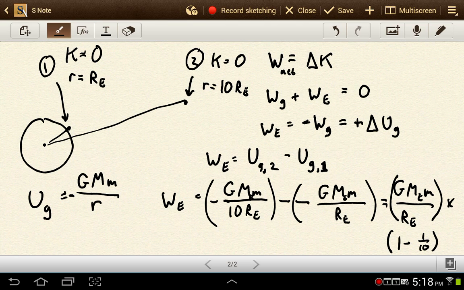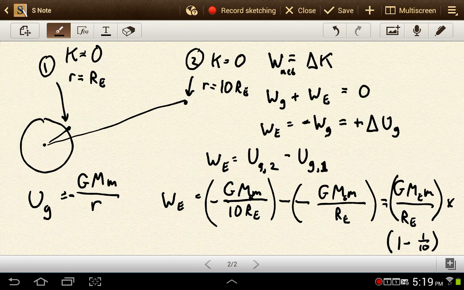Okay, so let's see, 6.67 E negative 11 times the mass of the Earth, which is 5.97 E24, times the mass of the Millennium Falcon, which is 400 metric tons, which is 400,000 kilograms.